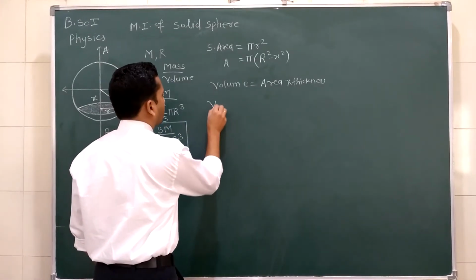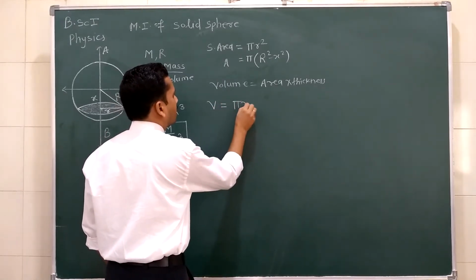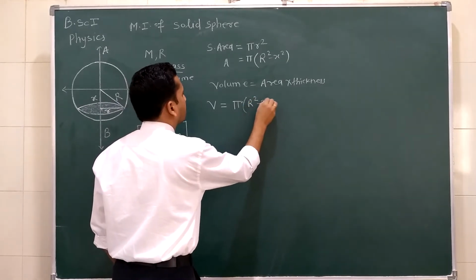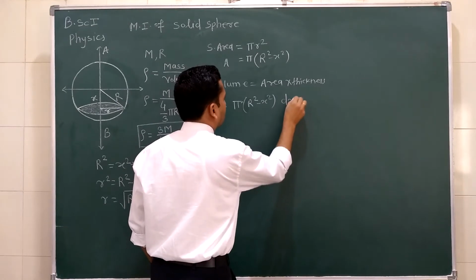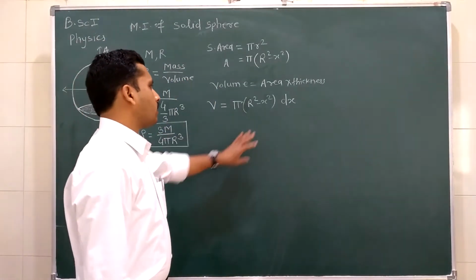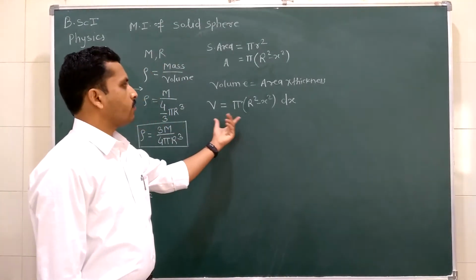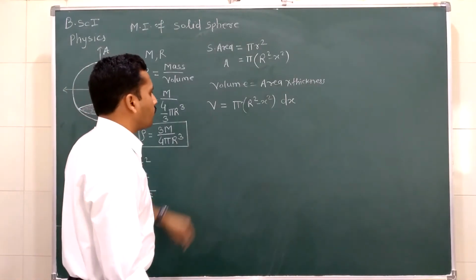So we can write the volume V is equal to the area, which is pi times (R square minus x square), multiplied by the thickness, and we already considered that the thickness of each disc is dx. This is the volume of the disc.